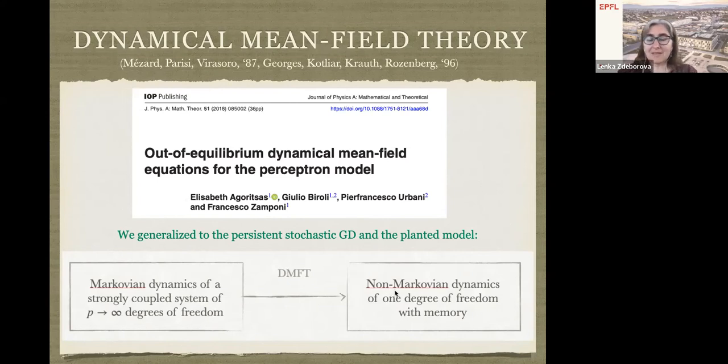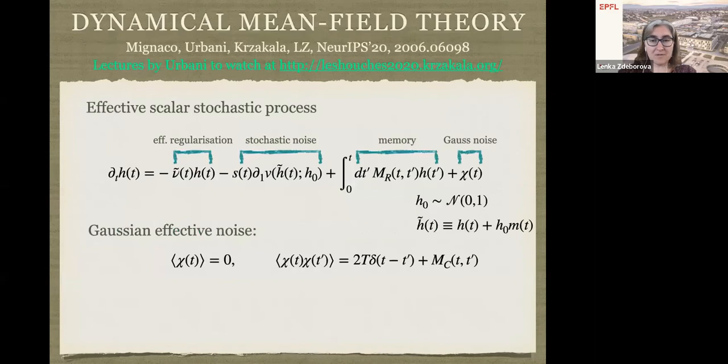The cost of that is that the scalar dynamical system becomes non-Markovian, even though the original dynamics was Markovian. And there is a stochastic differential equation that actually drives the dynamics of this scalar stochastic system, where this h variable would be the variable of that system.